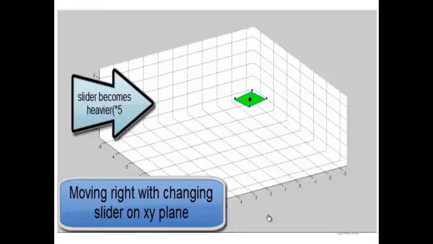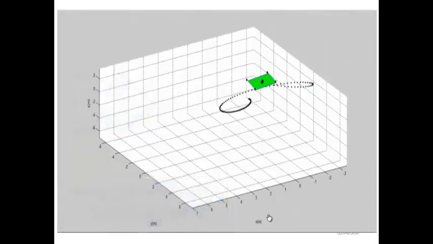It's more amazing if, for example, we change the mass of our slider 5 times heavier. It is very sensational. Moving right, we change the slider on xy plane with 5 times heavier in mass of slider.